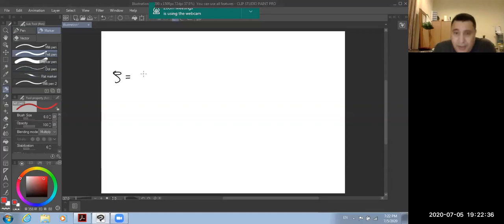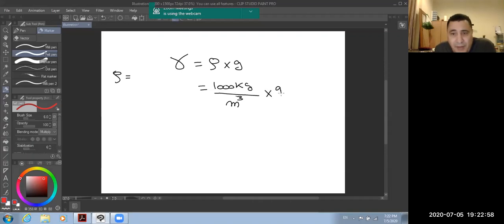Unit weight, gamma, is equal to rho multiplied by g. Rho is 1,000 kilogram over cubic meter, multiplied by 9.81 meter over second square, which is equal to 9,810 Newton over cubic meter.